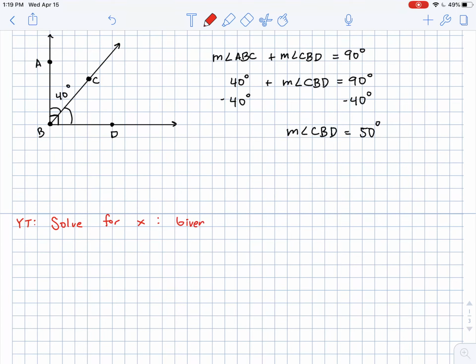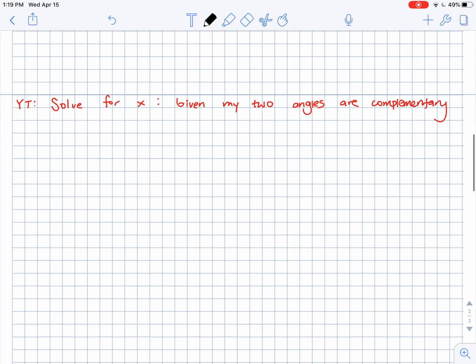Given my two angles are complementary. So I have two angles here.